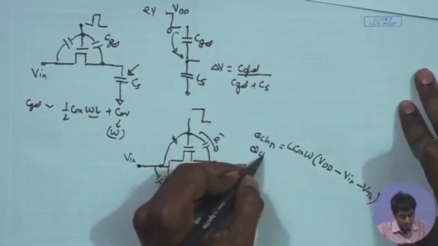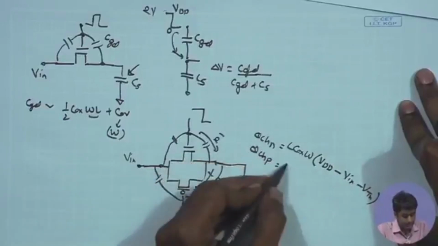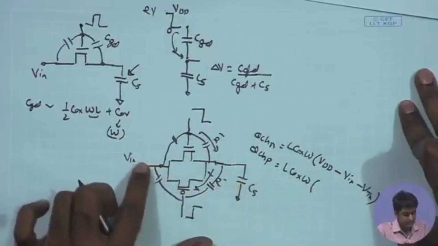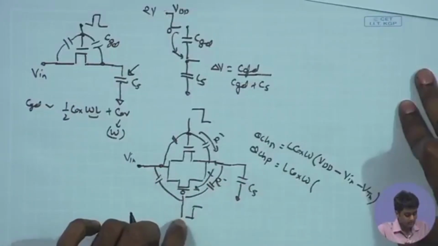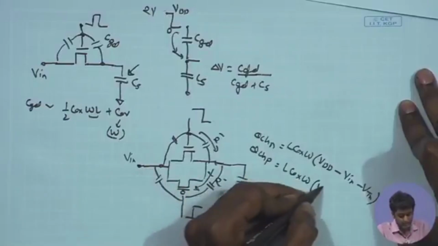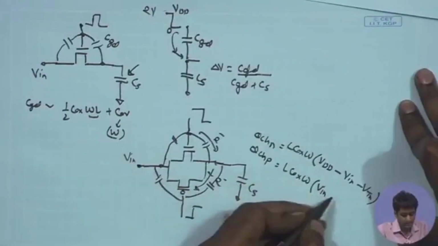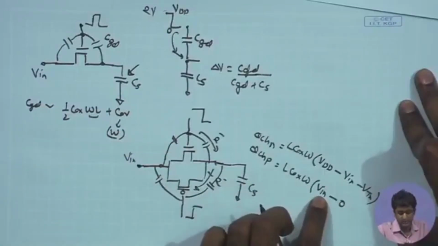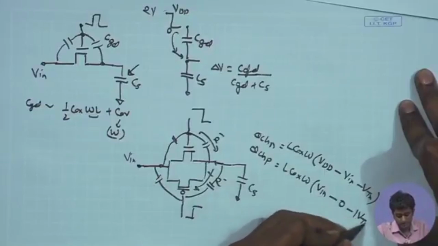And the Q channel for the PMOS, again, is L times COX times W, for that it has to be VSG. So, if I say VSG, Vs becomes Vin and the gate becomes 0, because when the PMOS was on, Vg was 0 and Vs was Vin, and then you have minus mod Vtp.